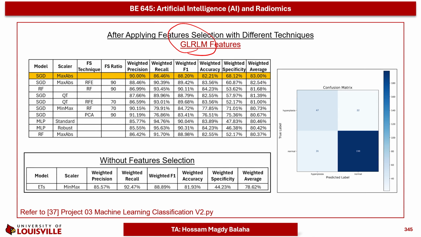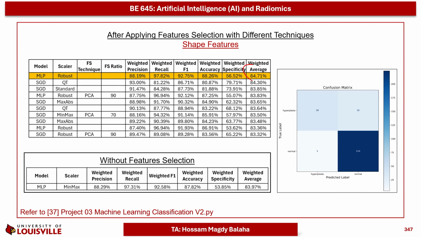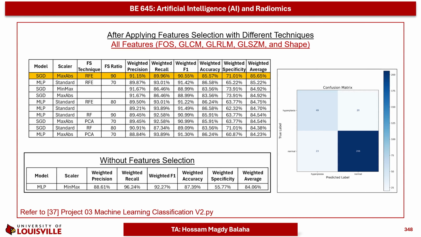Using GLRLM features, the performance increased to 83, and by using GLSZM features, the performance increased to 78 and the specificity increased to 71 using random forest with 80% as a feature selection ratio. Using shape features also increased the performance and the weighted specificity slightly, and combining all of the features together increased the weighted specificity and the weighted average using recursive feature elimination with 90% as a feature selection ratio.